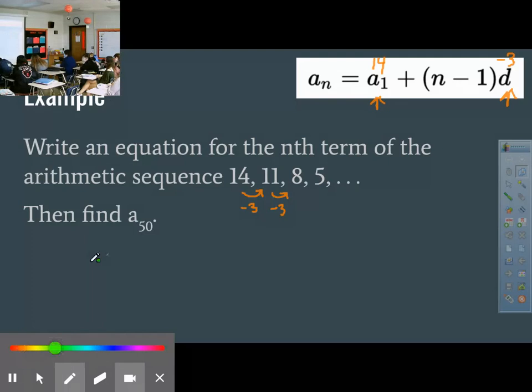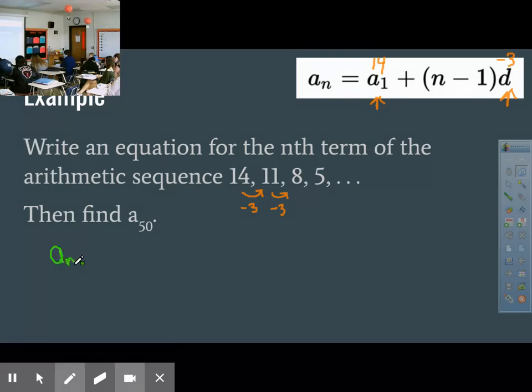To find your nth term, A sub n, you would do 14 plus n minus 1 times negative 3. Are y'all okay if I put the negative 3 in the front and then write n minus 1? Yeah. Okay. Because it's easier for me to distribute from the front than from the back. Now you just simplify it. First you distribute negative 3.